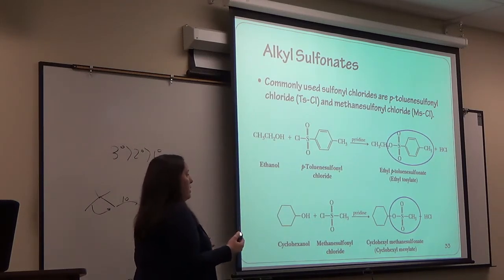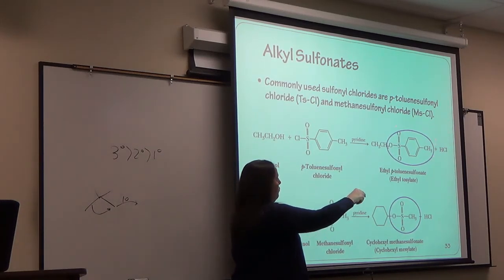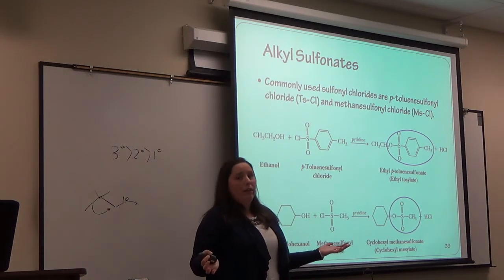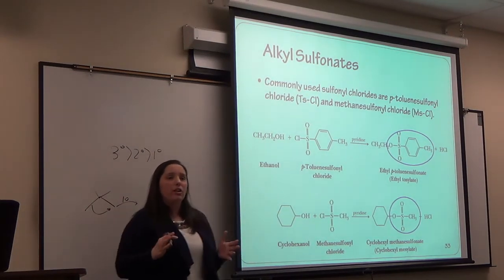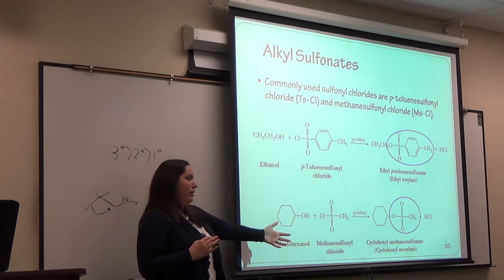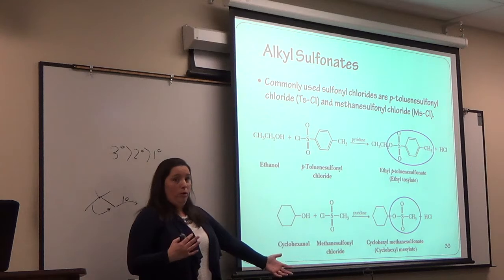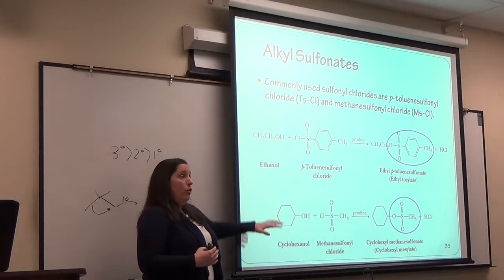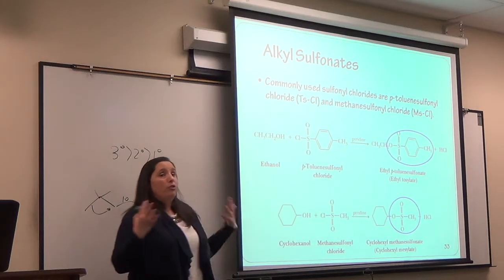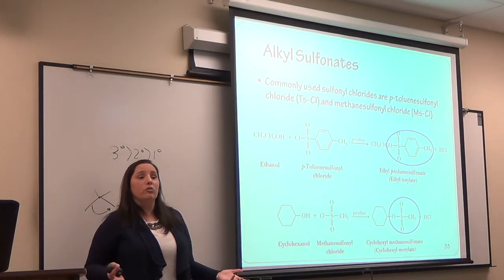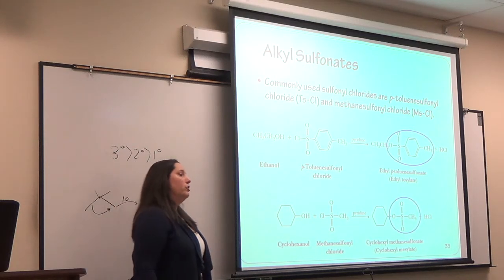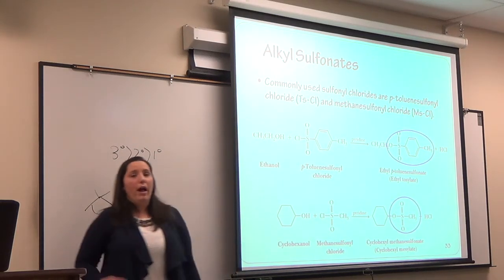What that means is you can use what's formed and then attack with whatever nucleophile you want. Does that make sense? When you use thionyl chloride, you have to attack with that extra chloride, so you always form that as a product. When you form these sulfonates using these reagents, then you are free to use whatever nucleophile you want. So again, it opens up a variety of reactions for you to do with your alcohol.